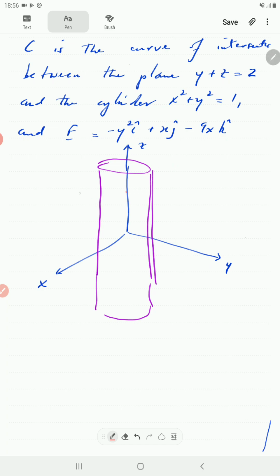So we're going to have a plane. It's going to be a bit difficult to sketch. So we've got a plane that looks something like this. I'm going to draw it wrong, just for the ease of drawing it. So I'm going to draw a plane that is slanting this way.